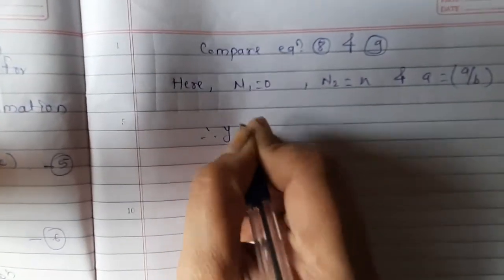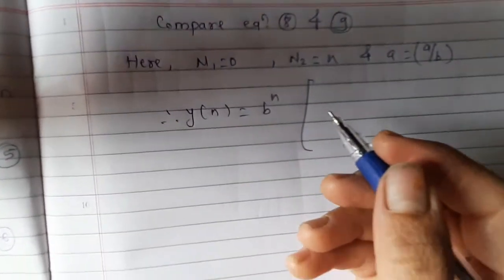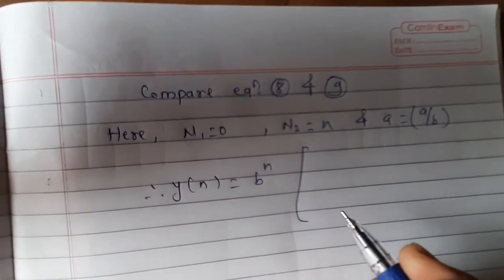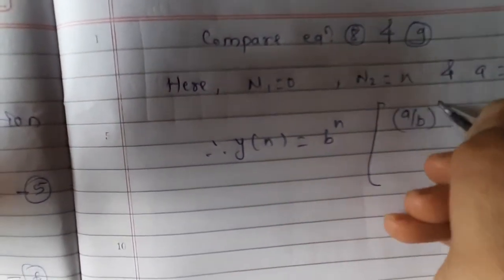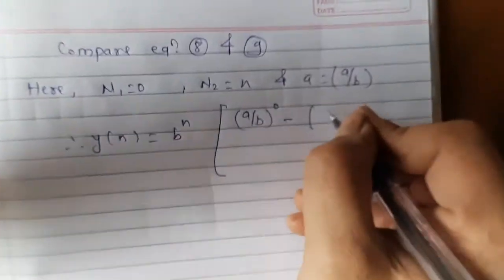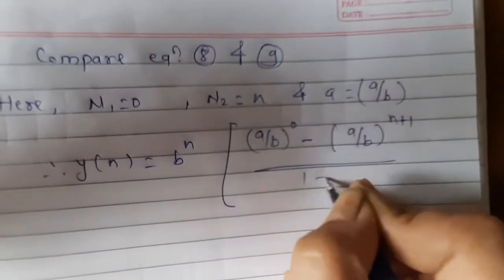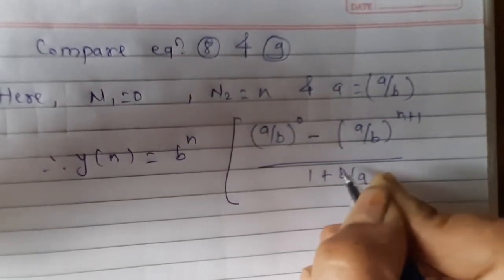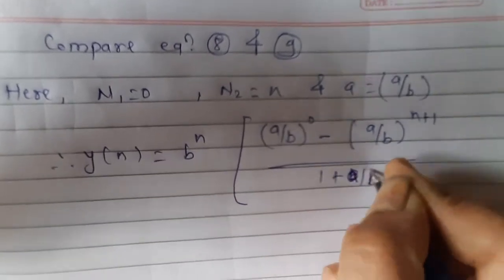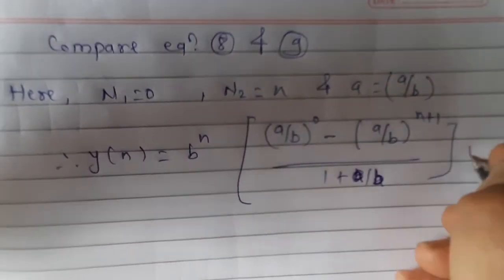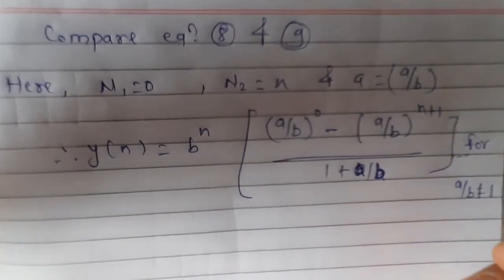Therefore y of n is equal to b raised to n into the standard expression, this is for a by b not equal to 1.